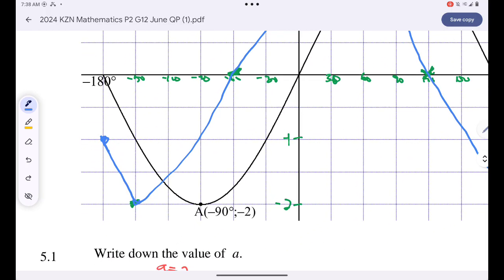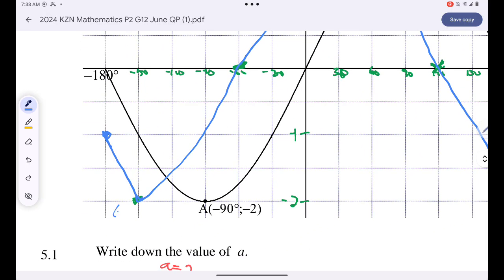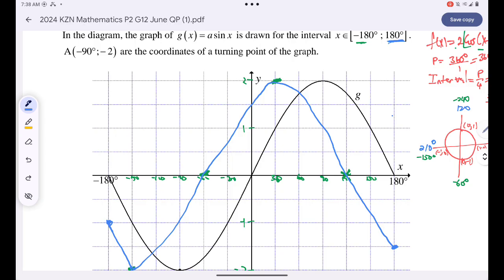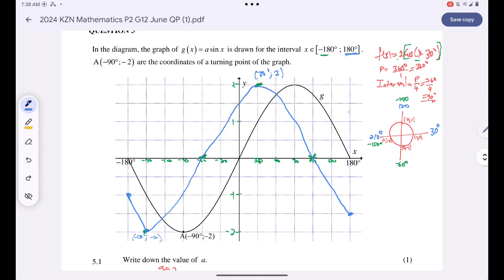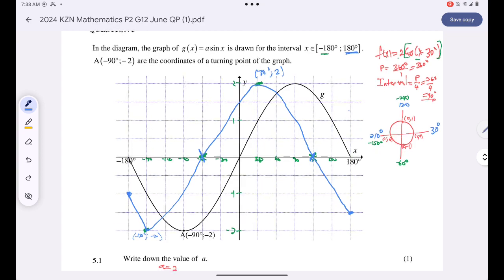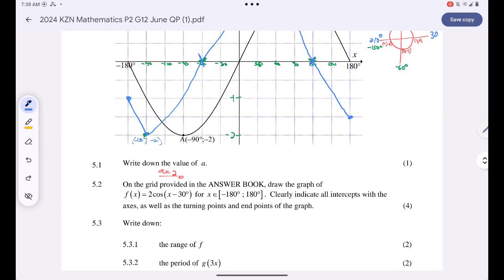And obviously the stationary points, it would have been negative 150 degrees as well as negative 2. The other one is over here at 30 degrees as well as positive 2. Those are my two stationary points. And obviously my x-intercepts, the first one is at negative 60, the other one is at positive 120. That's how, guys, you could have drawn your graph.